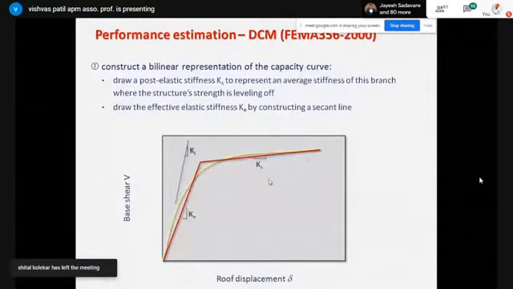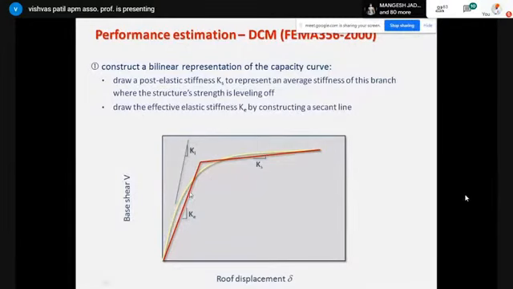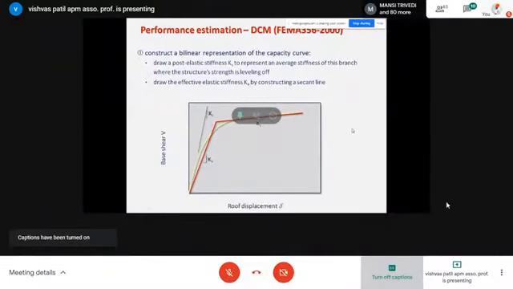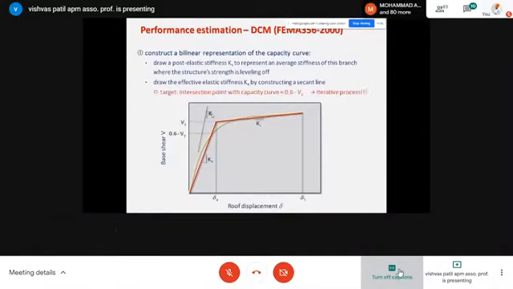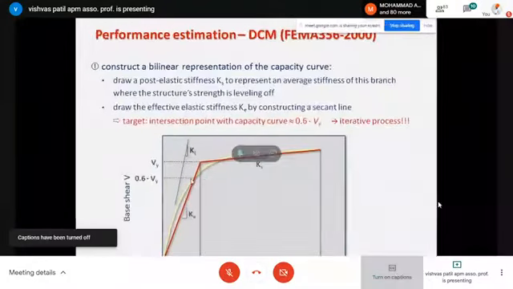While in the capacity spectrum method, the area on the left side and the area on the right side should be the same. Here, as shown, this is 0.6 of V1.